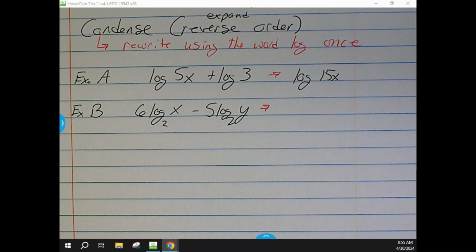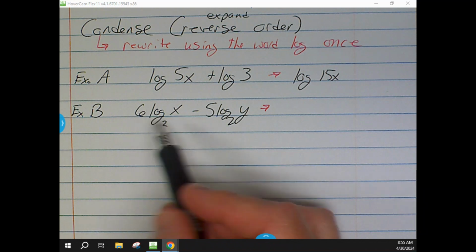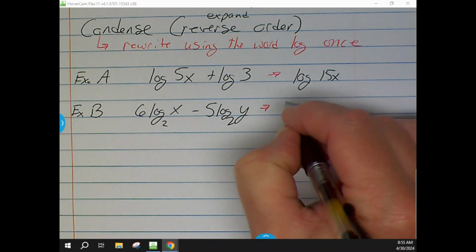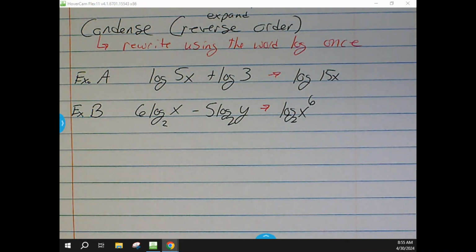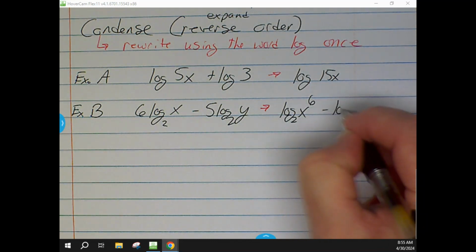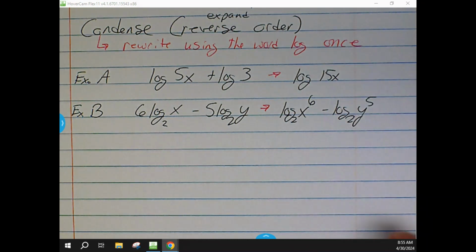You've got your exponents first. So before you can do the subtraction that's here, you've got to do your exponents, which again is the 6 that's out front. So first thing we're going to do is make that log of x to the 6th power, and then minus log of y to the 5th power.